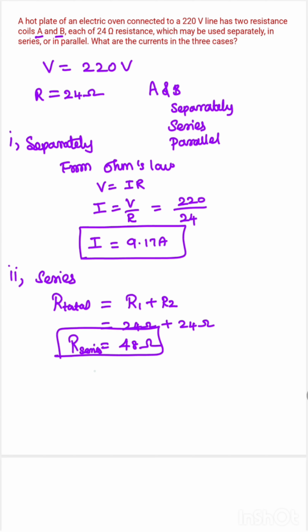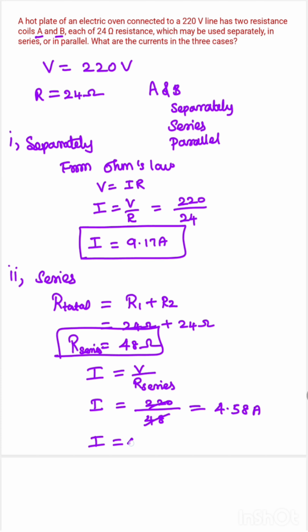Now substitute in Ohm's law, I is equal to V by R series. This is equal to 220 divided by 48, which is equal to 4.58 amps. So here I is equal to 4.58 amps.